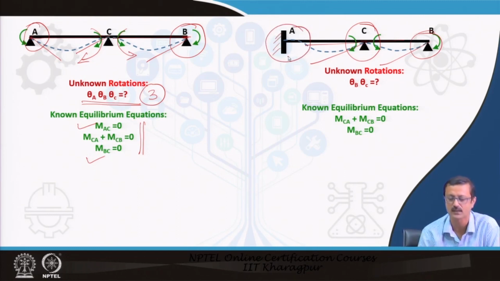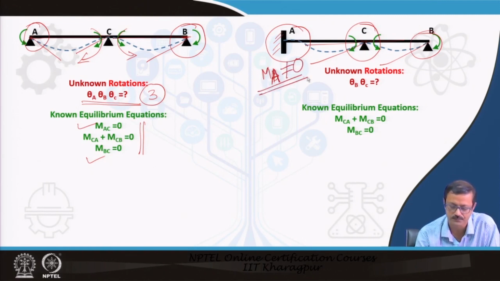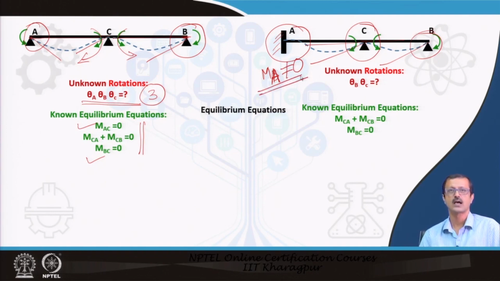I cannot write the moment at A as 0 here. So, these are the equilibrium equations, and that will be the approach for finding the deflections and everything in the displacement method.